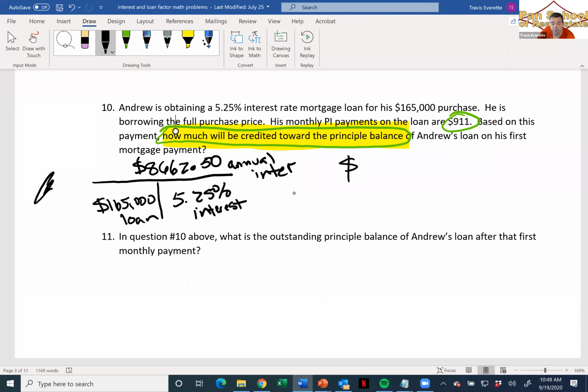Does that make sense for everybody? $86,62 and 50 cents divided by what? 12 will get me to monthly interest. That's $7.21.88 in monthly interest.